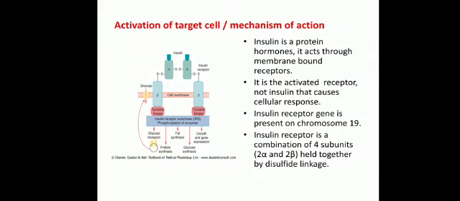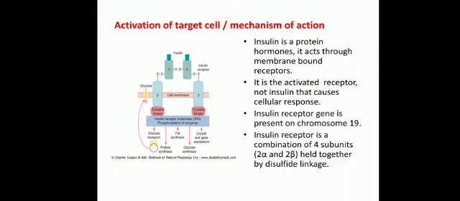So how it happens is, insulin as you know is a protein hormone, a polypeptide hormone. Listen very carefully here: it acts on the cell through a membrane bound specific receptor. I repeat, insulin is a small protein hormone, a polypeptide hormone, and it cannot directly enter the cell.